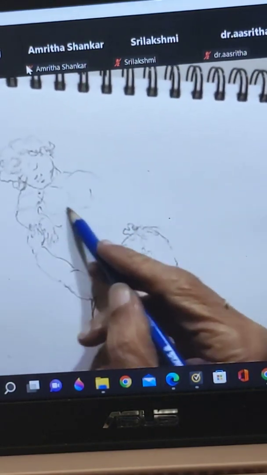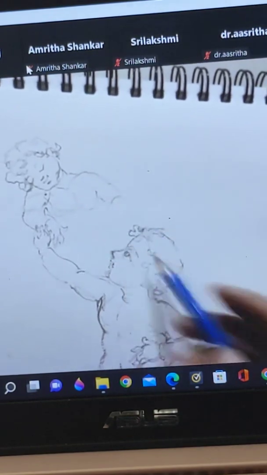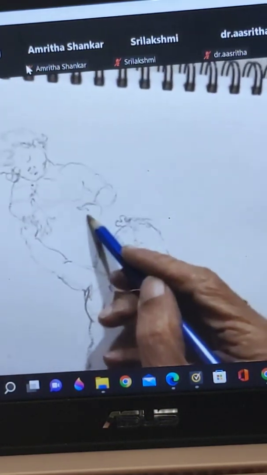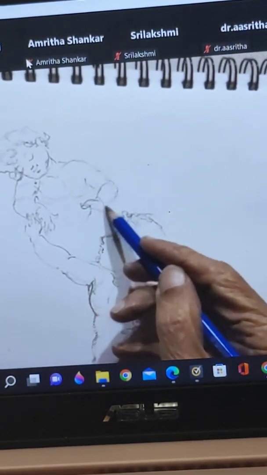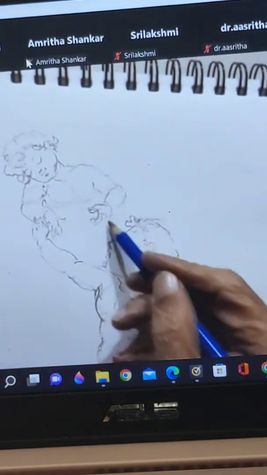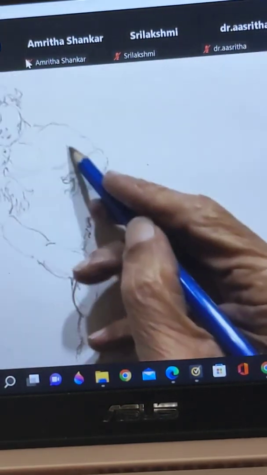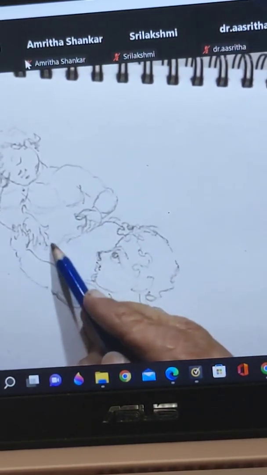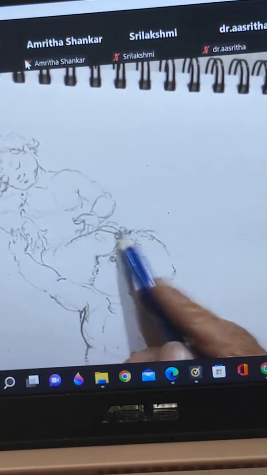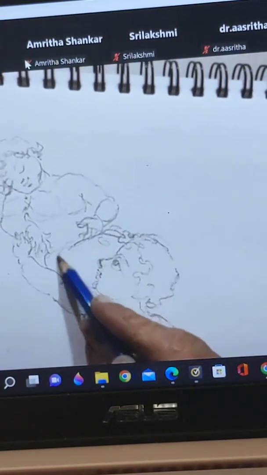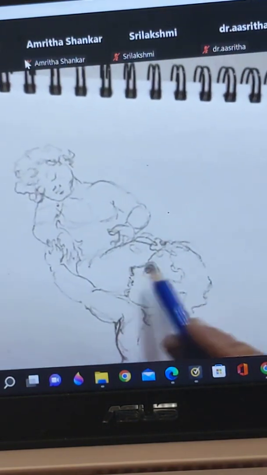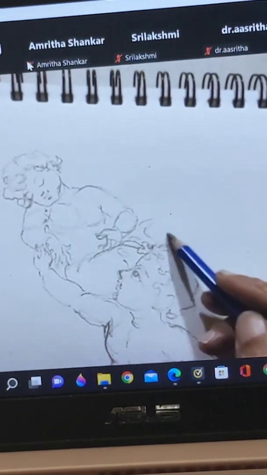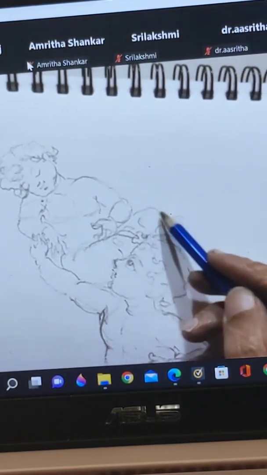Please observe the shoulder measurement, the hands, the feet.